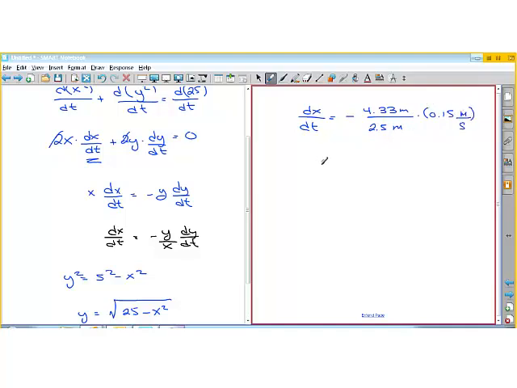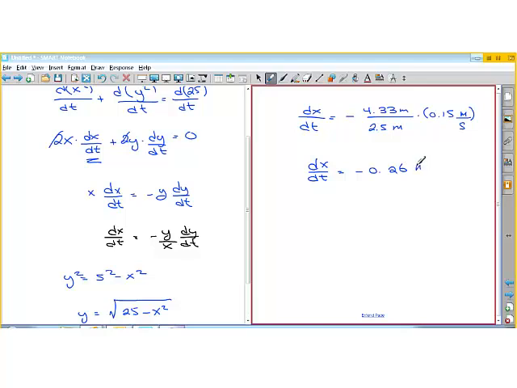So dx/dt is 4.33 divided by 2.5 times 0.15, and you get negative 0.26.